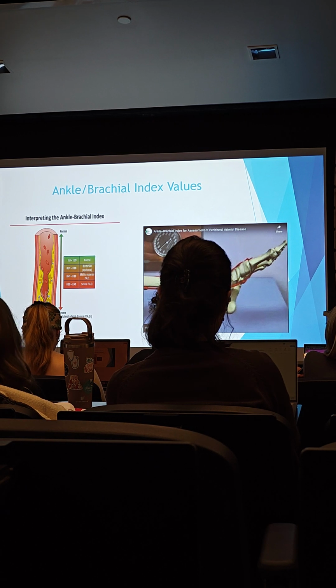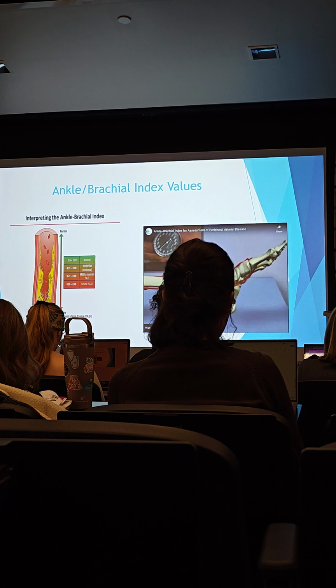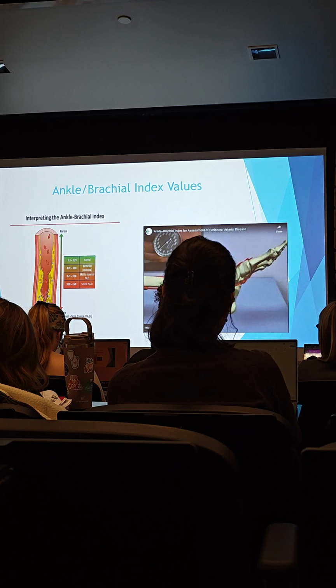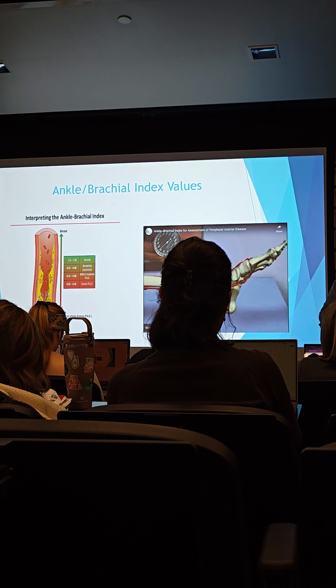That's on the bottom. So we divide the numerator by the denominator and we get 0.66. So for 110 in the ankle and 165 in the arm, it's 0.66. Normal is about 0.9. If the index, the systolic ankle versus systolic arm, is less than 0.9, that's considered abnormal.